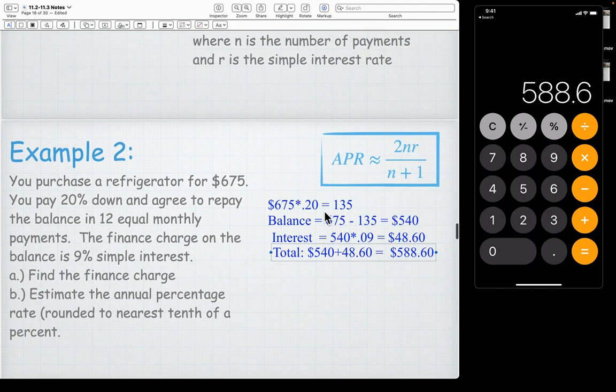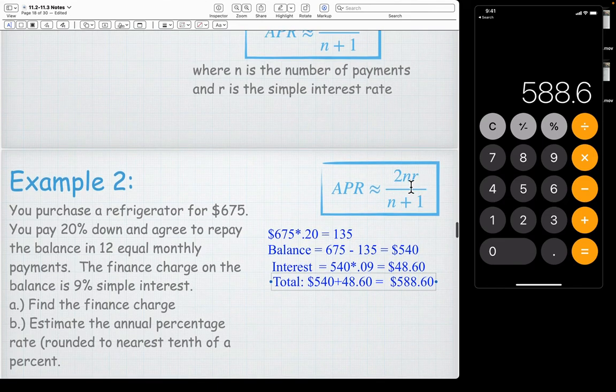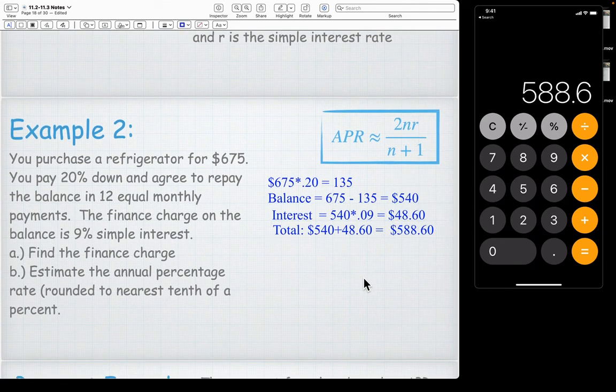And so we can use this formula for that. So that is 2 times the number of payments that we have. And so we decided we're going to pay 12 equal payments. And the interest rate is 0.09, and we're going to divide that by 12 plus 1.